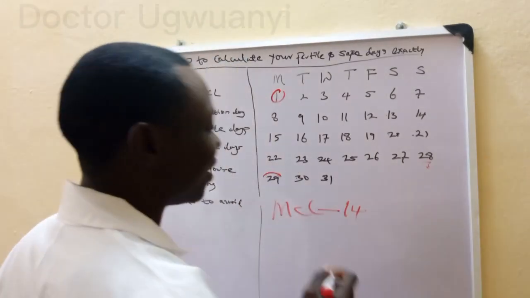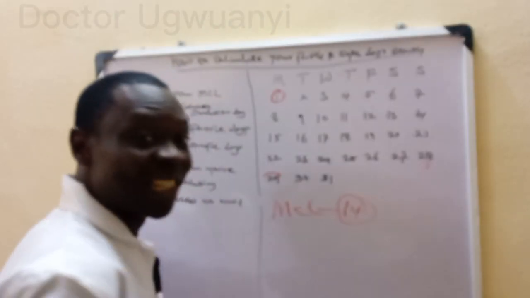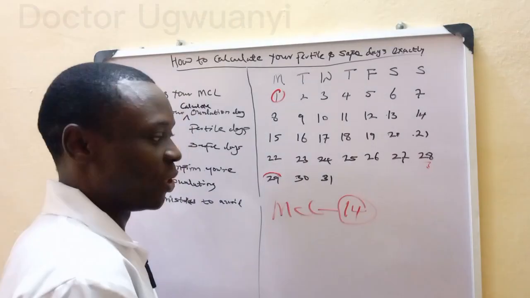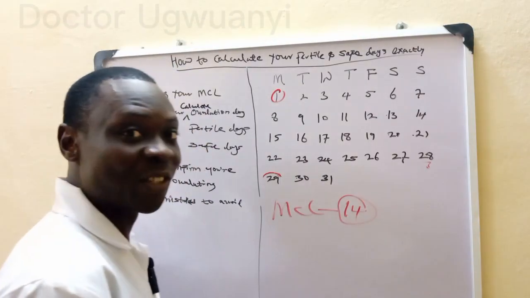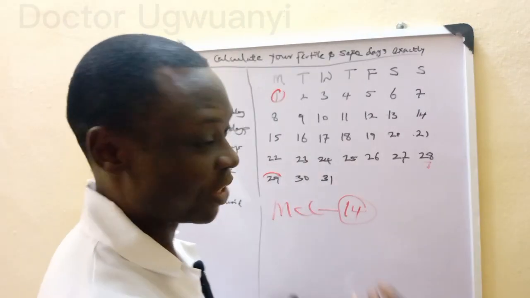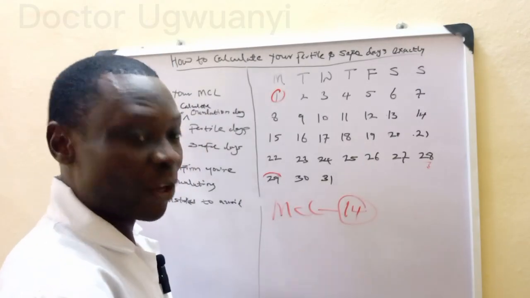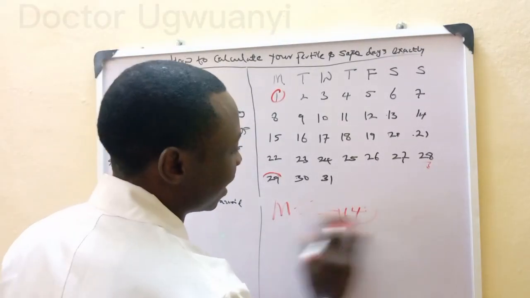This 14 days comes from a study that was done, and it's just like a constant number. I know that most of you will ask me how they got this 14 days.